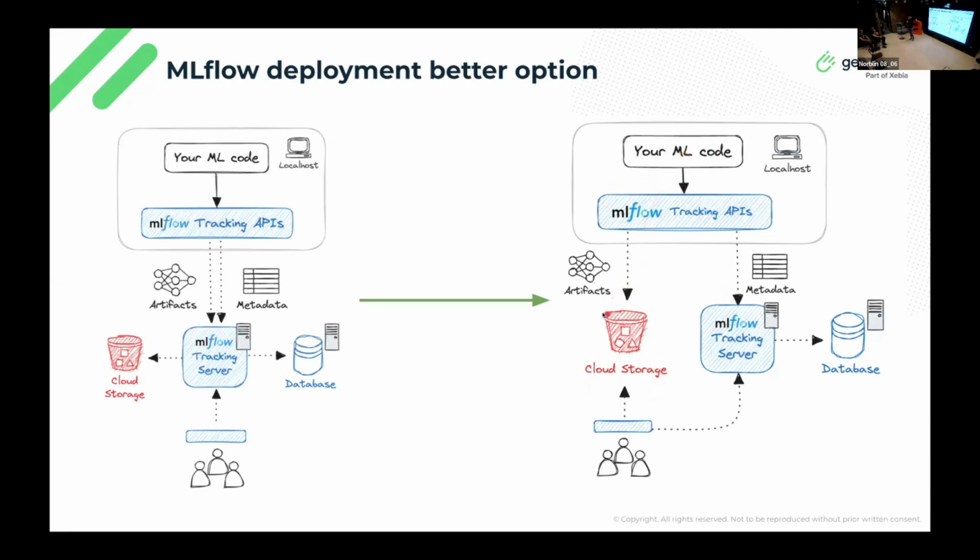And then your tracking code will know how to store it directly using S3 native APIs or APIs and protocols native to the specific cloud provider. And at the same time, since the MLflow tracking server is responsible for giving those paths, the MLflow UI will be able to visualize those data and all of the artifacts that you store for you.